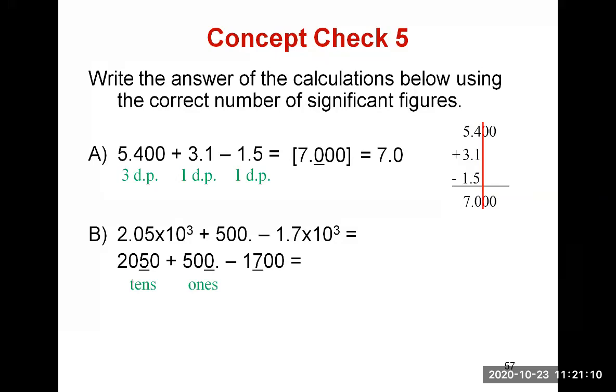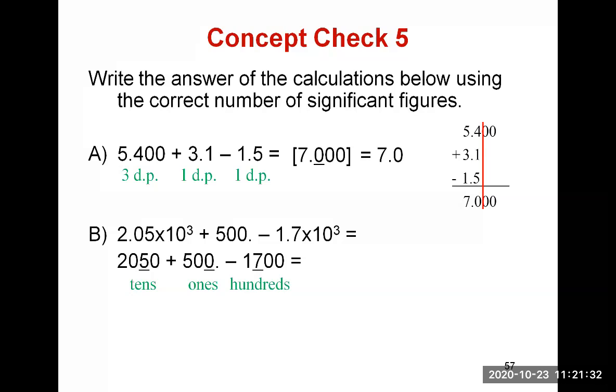And then in 1700, it's the 7 that is the least precise digit, and that's in the hundreds place. So the least precise digit place is the hundreds place. So we need to round to the hundreds place.